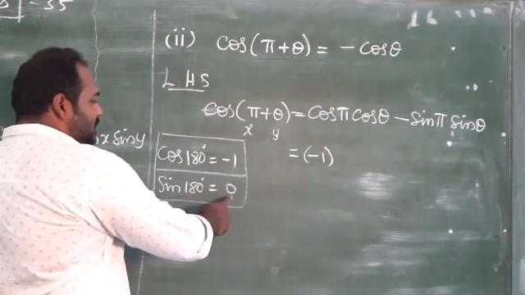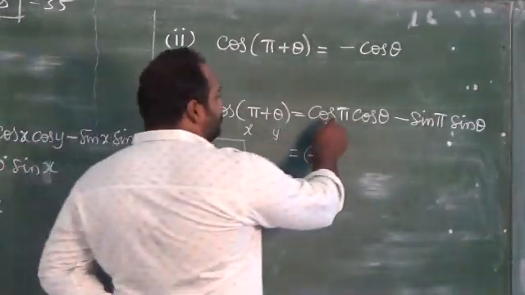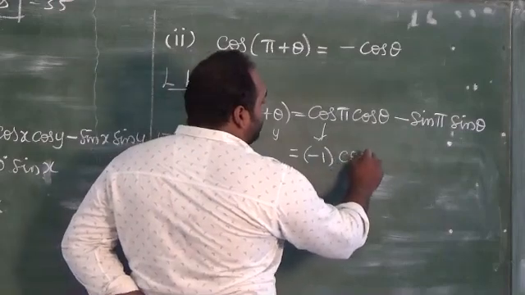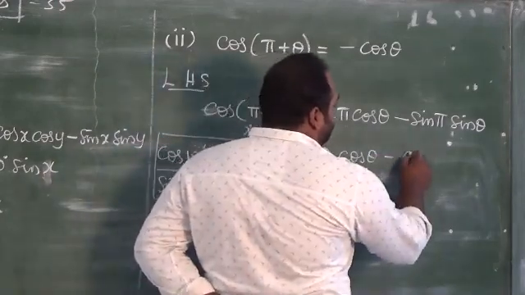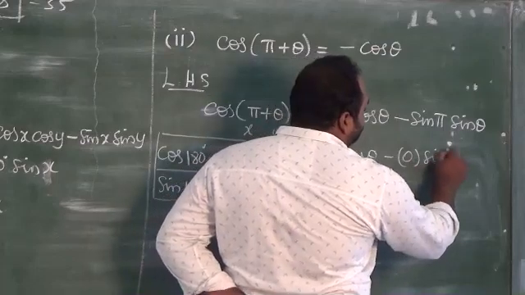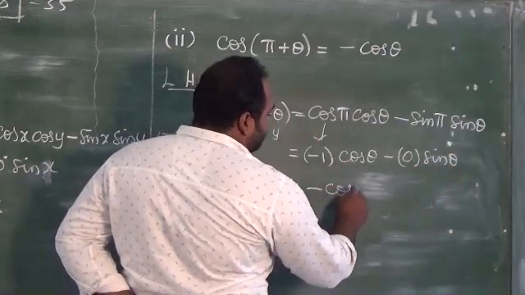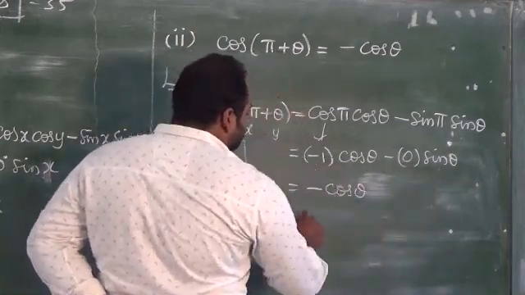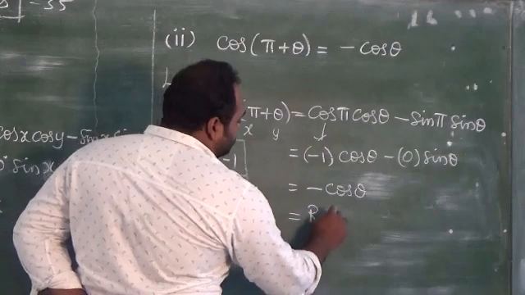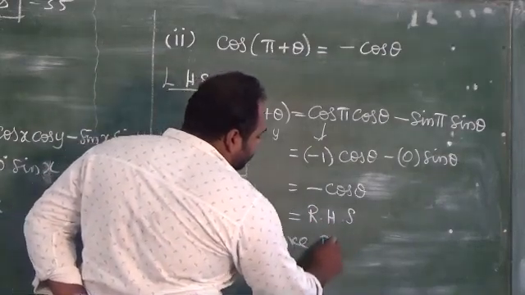Sin pi means 0, cos pi, cos 180 is minus 1. So cos 180 is minus 1 into cos theta, minus sin pi value I told you is 0 into sin theta. So minus 1 into cos theta gives minus cos theta, and 0 into sin theta will be cancelled. So finally we are getting RHS side. So hence proved.